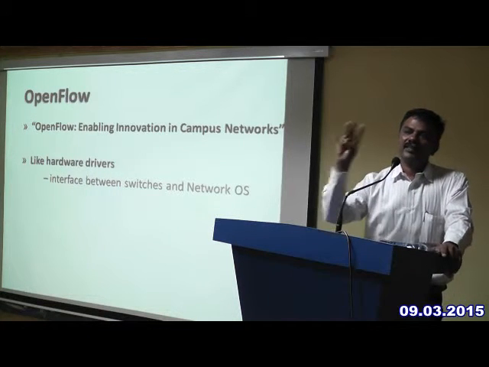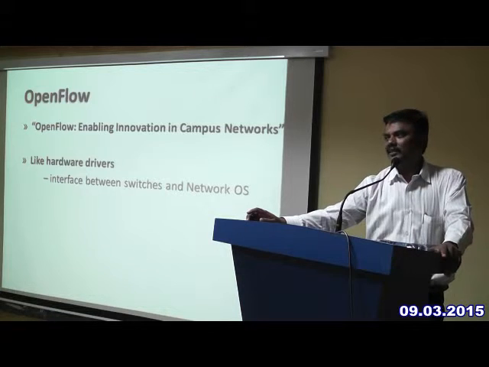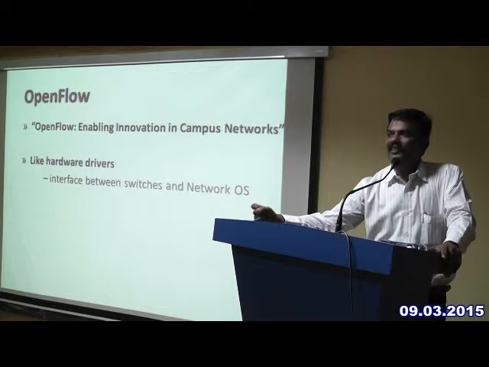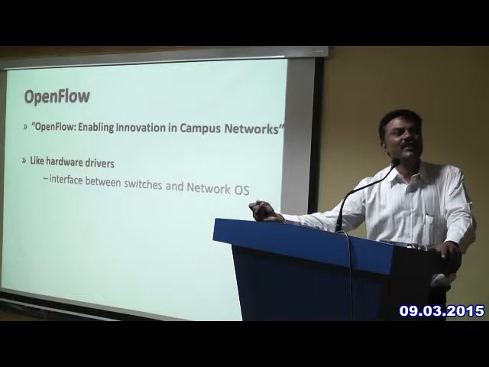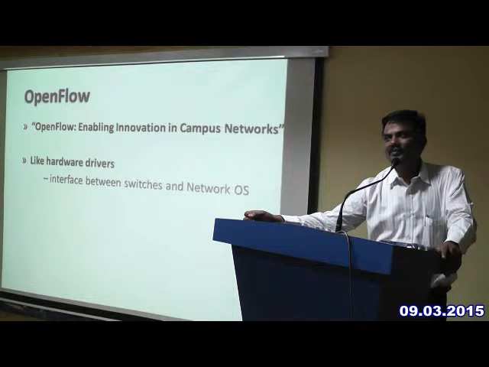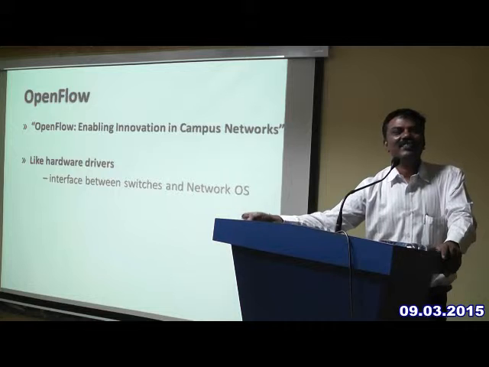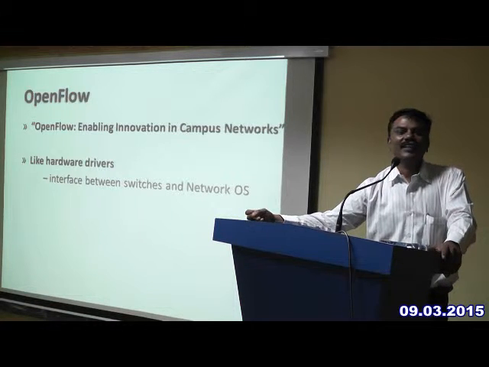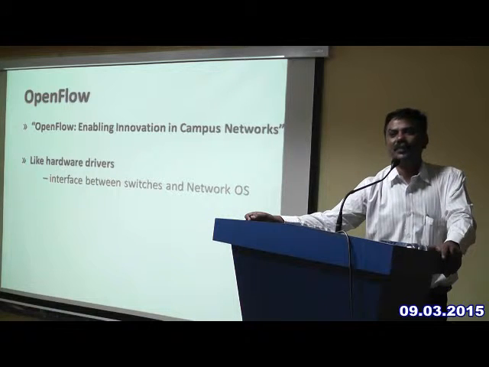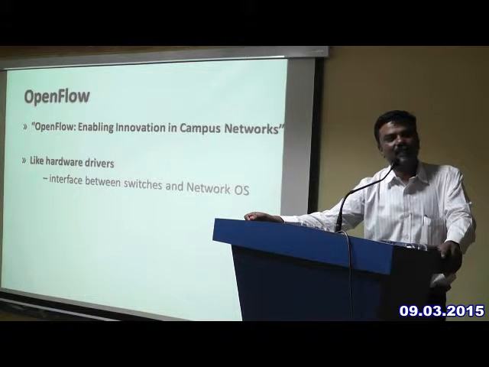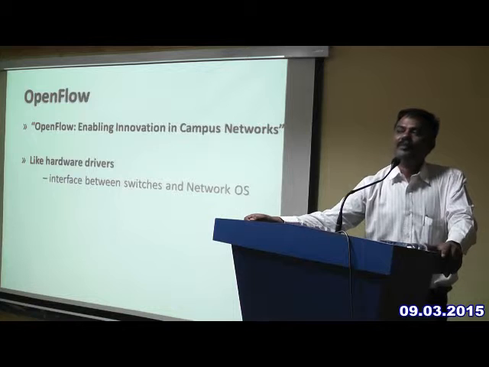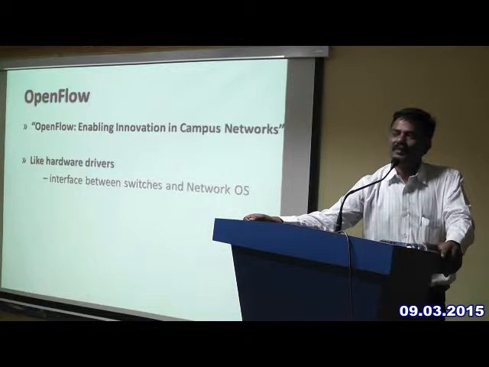Actually, there are three important layers. Hardware is there, then software is there. What is the third one? Hardware is there, software is there, and the next one you might have studied in first year computer science, fundamentals of computing: firmware.